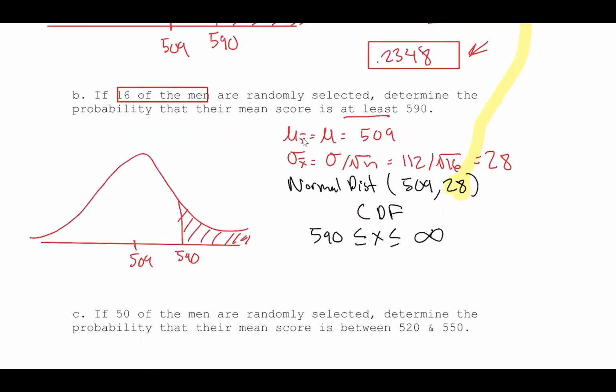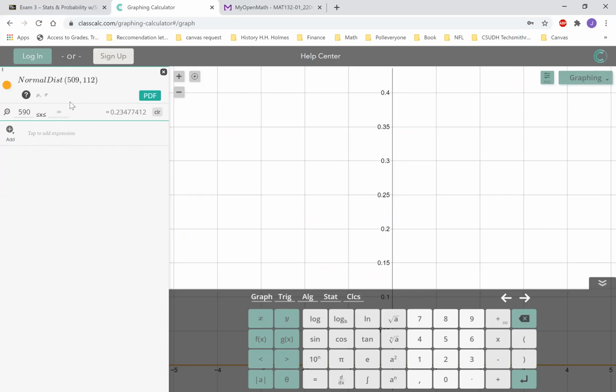So let's go ahead and find the probability for this. All right, so if you look, I already have it all set up from part A. So all I'm gonna do is change that from 112 to 28. All right, and that's my new probability.